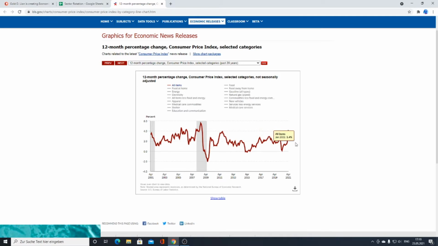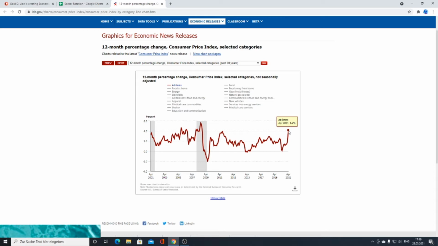So when you see inflation in CPI, the Consumer Price Index, it is basically in hindsight. It is already too late. We can see here that inflation is on the rise and it's going sharp up. It says here that it's 4.2%.